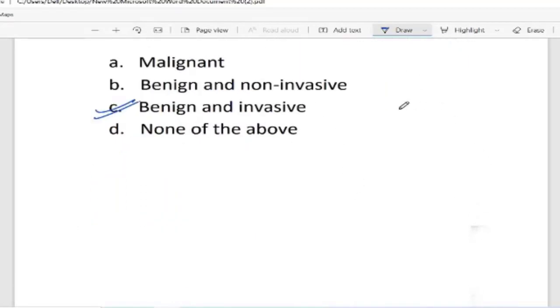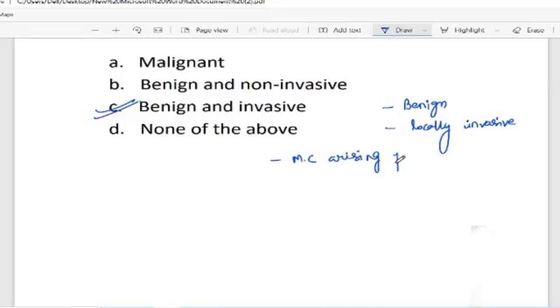See, inverted papilloma is a disease which is benign. It is locally invasive. Most commonly, it arises from the lateral wall of the nose, also known as the Schneiderian membrane.